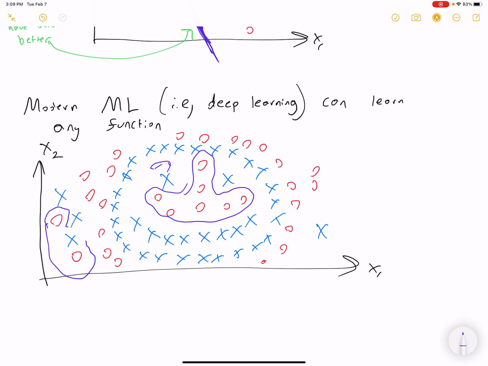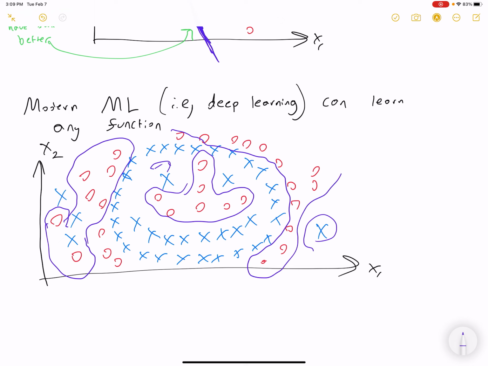It's even hard for me to figure out, crazy boundaries. Like that's probably a pretty complex function, right? But it is easy peasy for deep learning. This would be no problem.